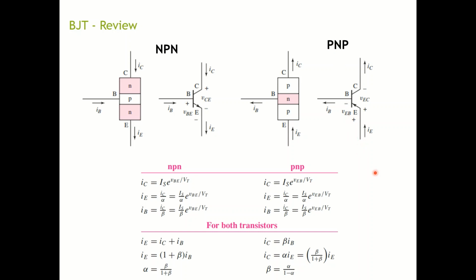So current comes into the emitter and comes out from the base and the collector. If you think about it this way, for NPN, the emitter emits holes instead of electrons, so you have a positive current flowing out of the emitter. But for PNP, the emitter emits electrons, so you have a negative current. Okay. I also give the set of equations here that you guys can use later.